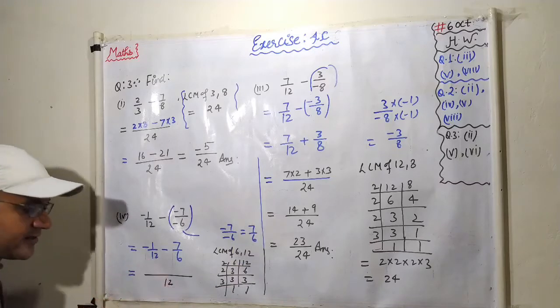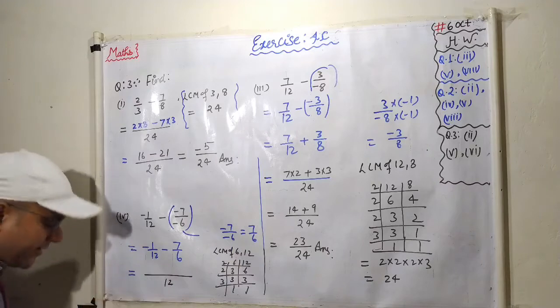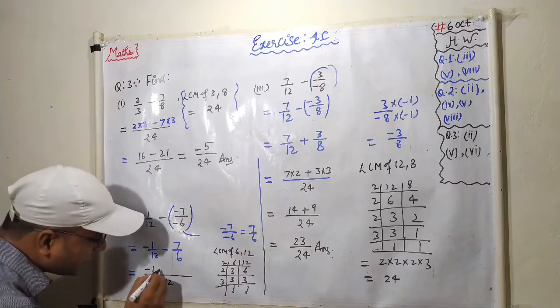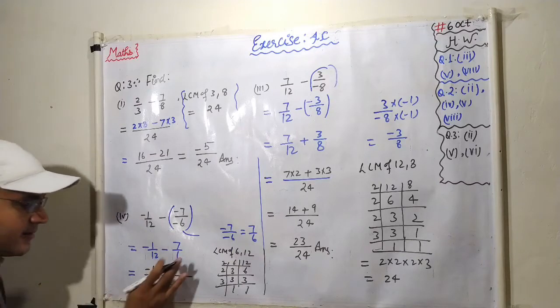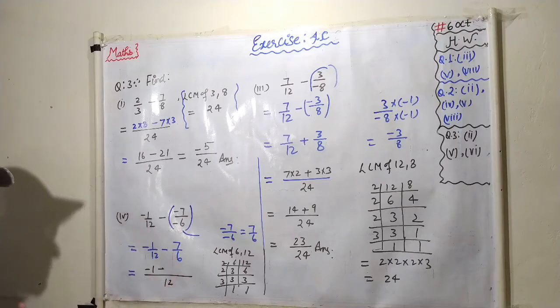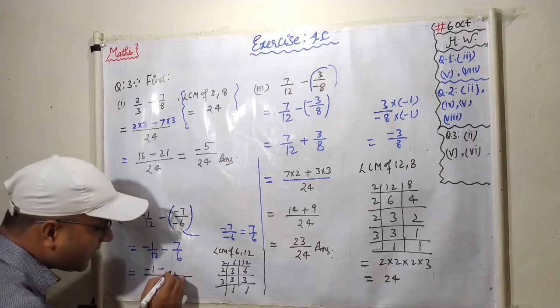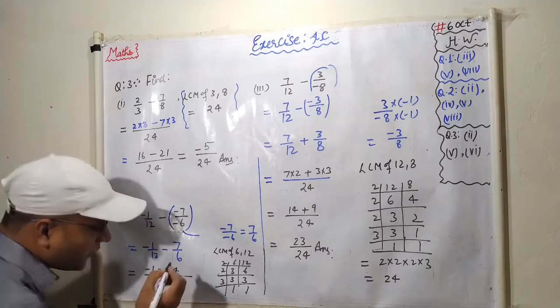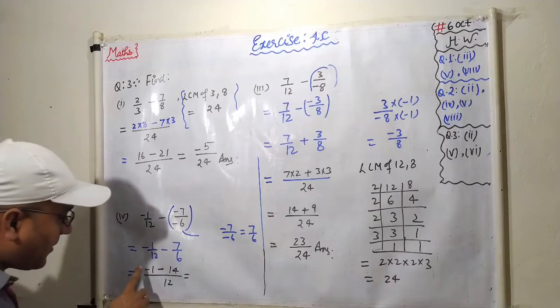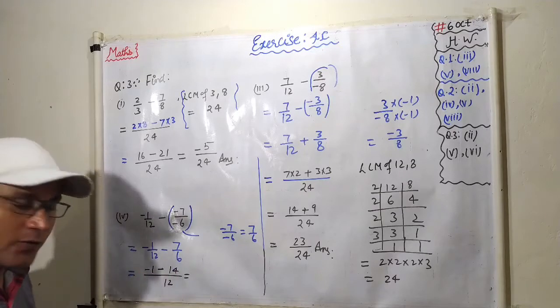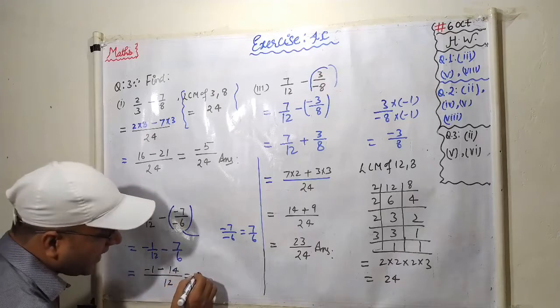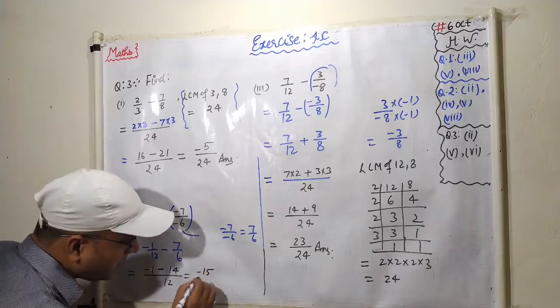By 12, if you divide 12, you get 1, and 1 is multiplied into minus 1, so you get minus 1. By 6, if you divide 12, you get 2, and 2 is multiplied into 7, so you get 14. Then minus 1 and minus 14, both are negative, add them: minus 15 upon 12.